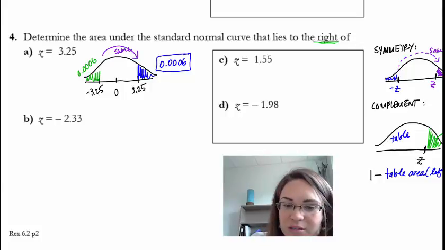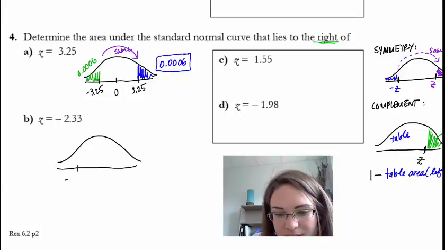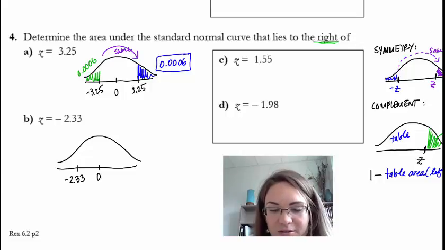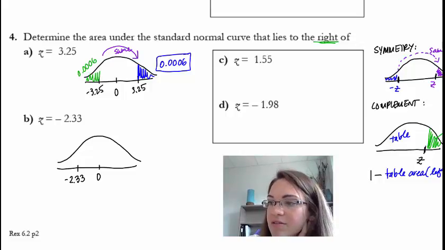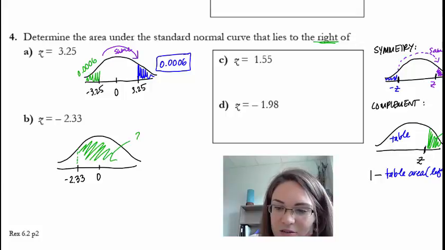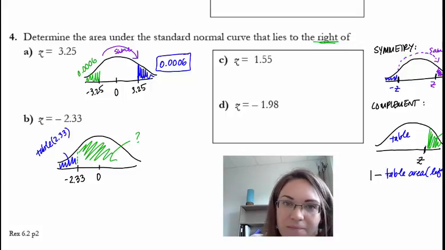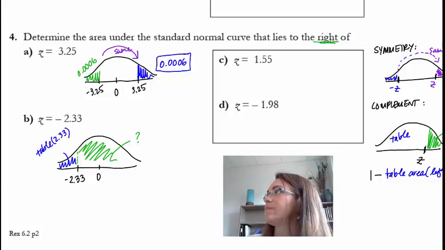A good example of using this is when we have negative 2.33. That z-score is negative, so it's to the left of the mean at 0. I want, though, the area to the right now. So what is this area is the question. But the table will give me this area. So the table value of negative 2.33, we can look up.